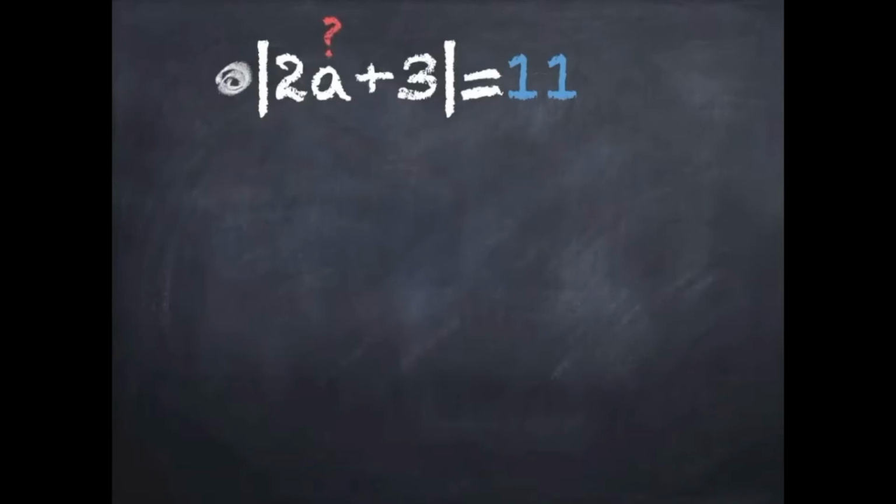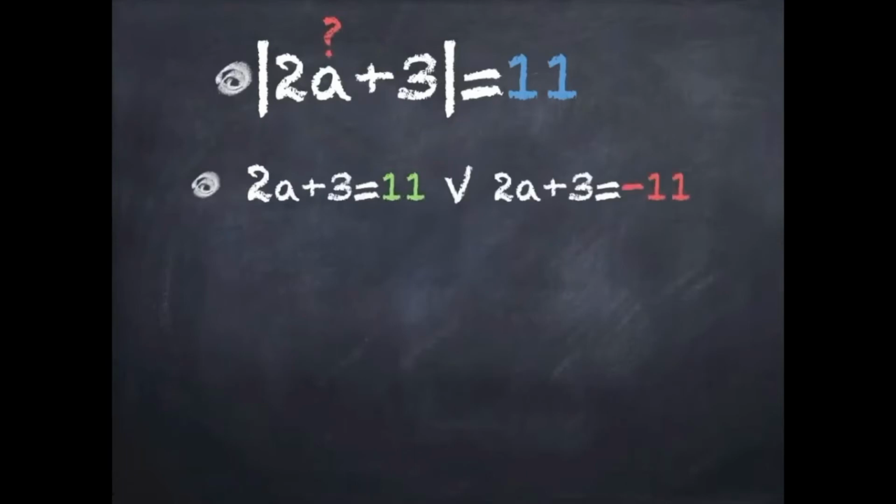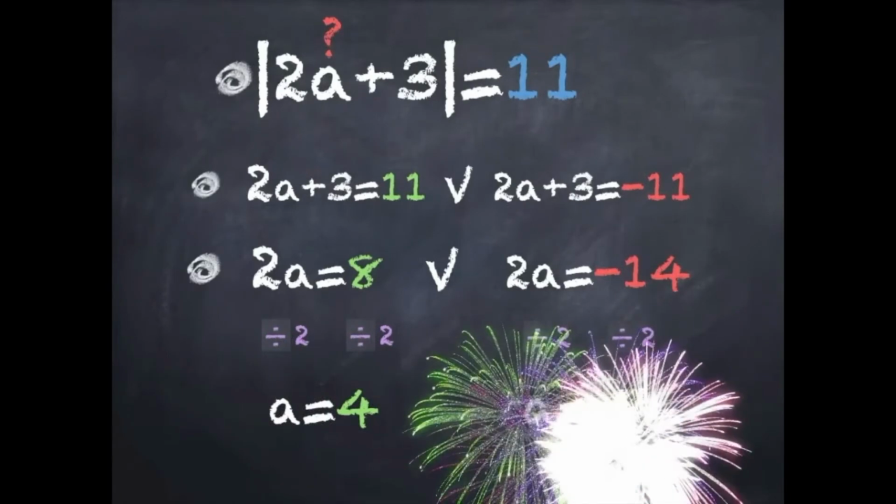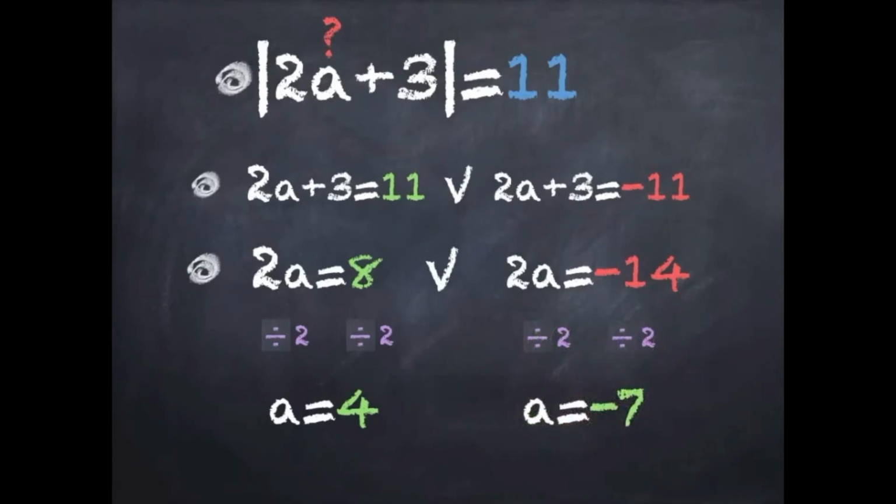So 2a plus 3 must be 11 or negative 11 because it's the expression inside the absolute value. Now subtract 3 from each side and then divide by 2 each side to get your solutions. Make sure you are able to solve multi-step linear equations. I have some videos on this type of equations. Okay, so we divide by 2 and we get a equals 4 or a equals negative 7. These are my two solutions.